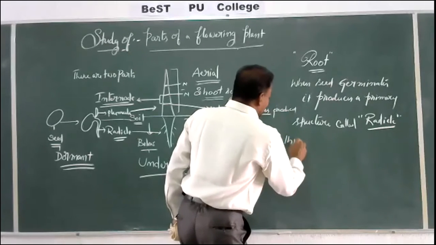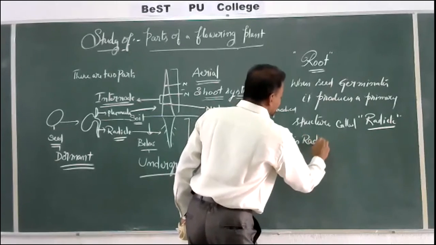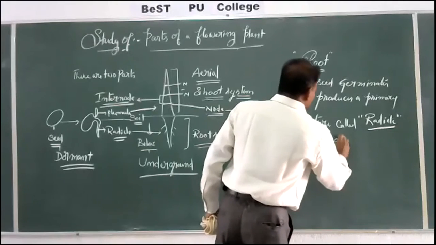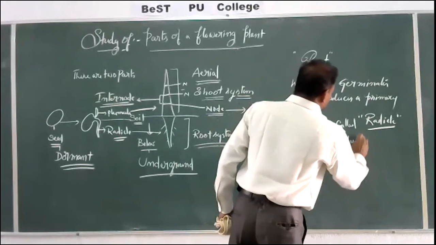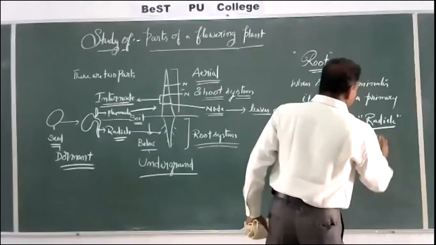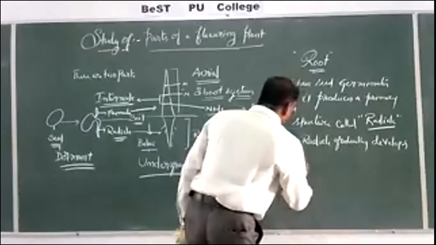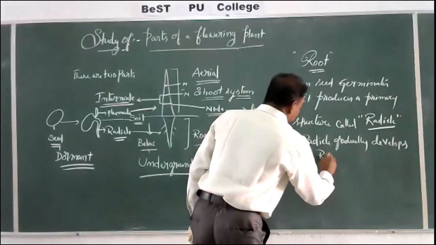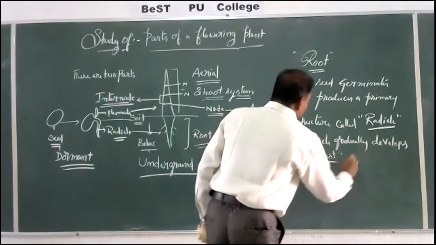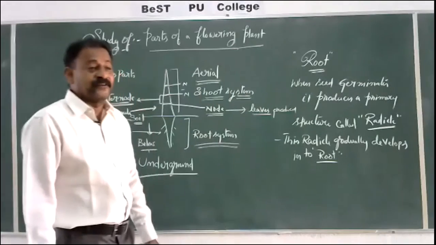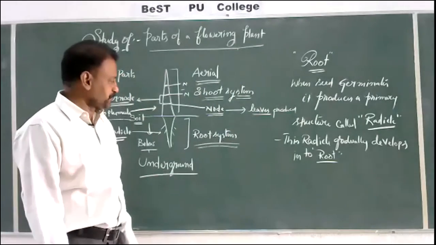This radicle gradually develops into root. So the extended part of radicle is called root.